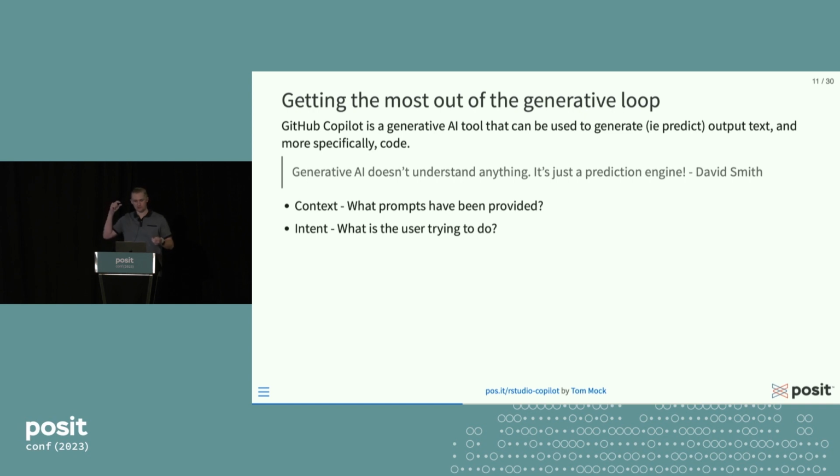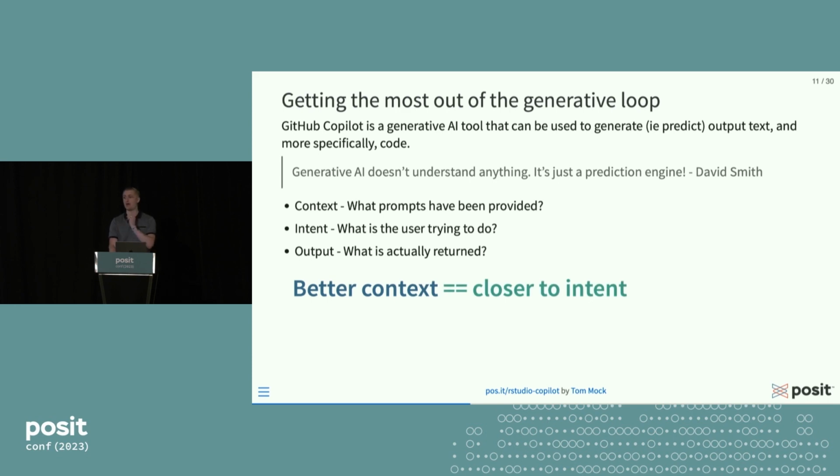So again, I'm trying to codify my intent into a prompt that I can get a response back from. And then there's the output that Copilot actually returns, which hopefully is close to my intent, which was provided by the context. So in this case, I'm going to show you a few ways to do better context to get you closer to what you actually want to do with your intent and get overall a better output.